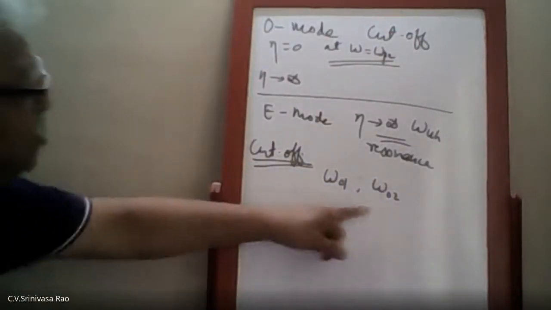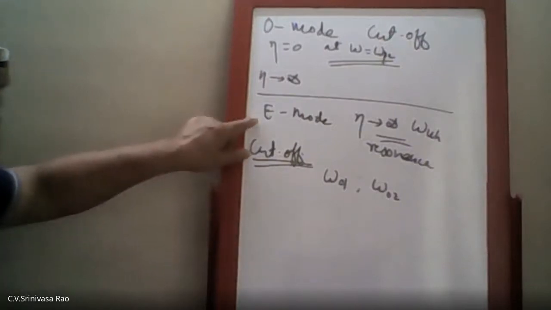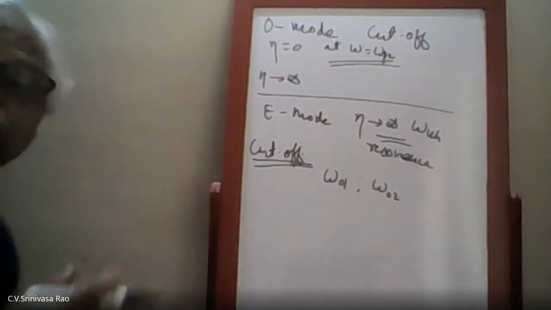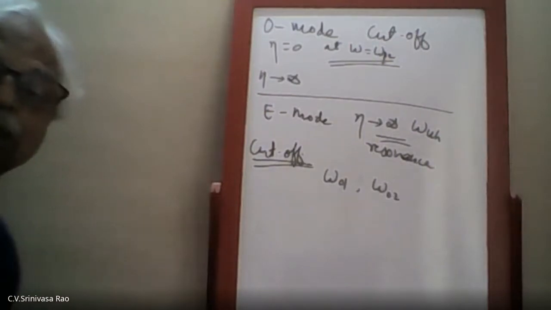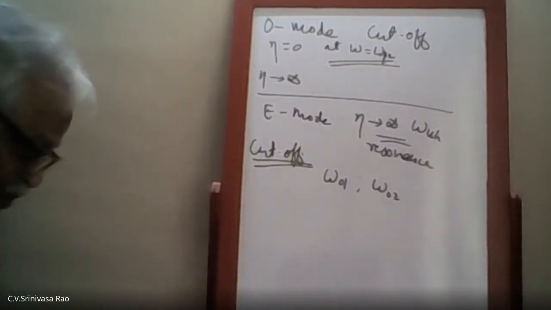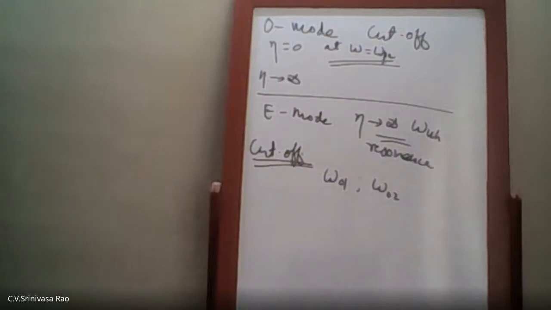At these two frequencies, the extraordinary mode has a cutoff, which means it will not travel. The amplitude will decay exponentially inside the plasma, so it cannot transport energy into the plasma. So it has resonance and the cutoff also.